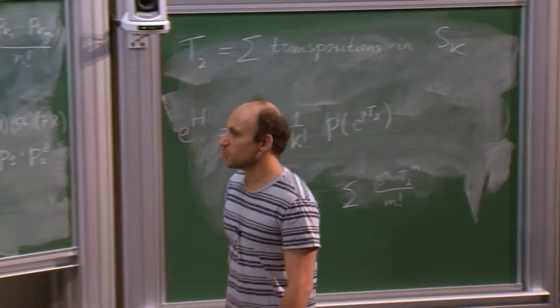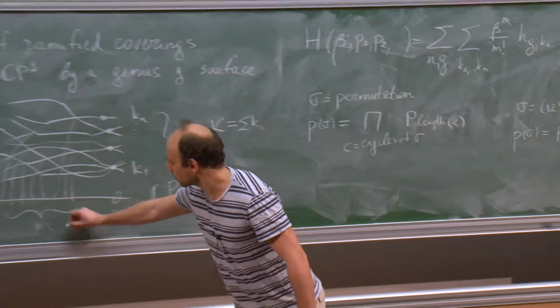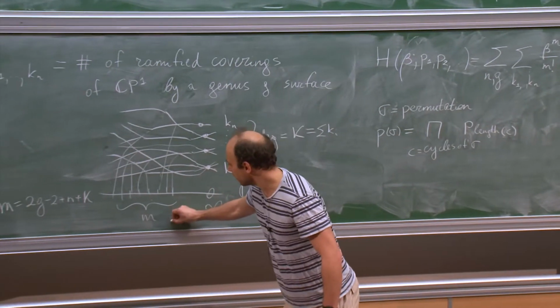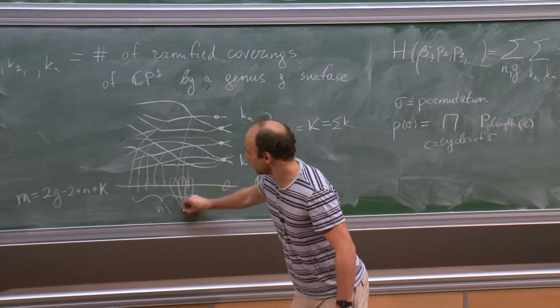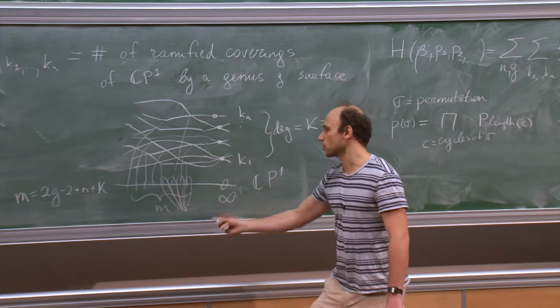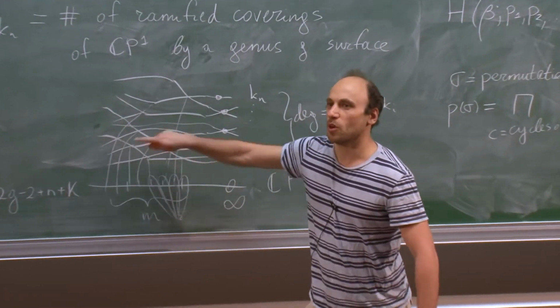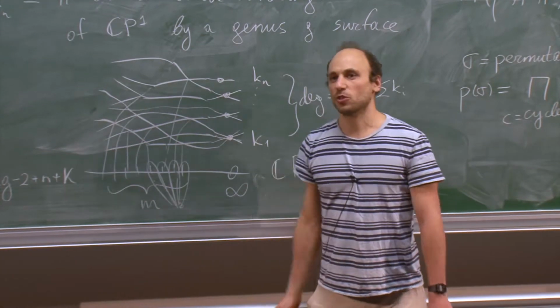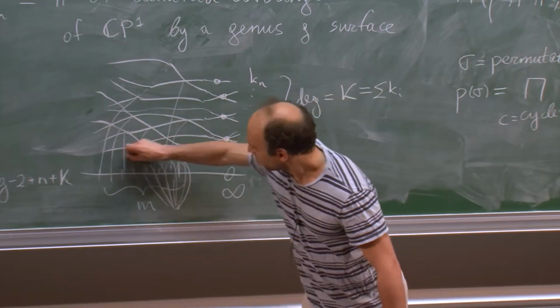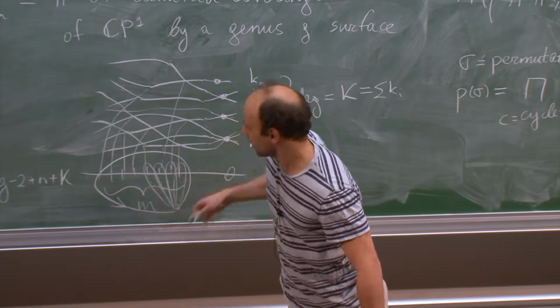And the product of m transpositions is the product of monodromies of the covering. If I take the monodromies around these simple branch points, I get transpositions. If I go around all of them one by one, I get a product of m transpositions. So altogether I get the permutation of the big cycle like that.